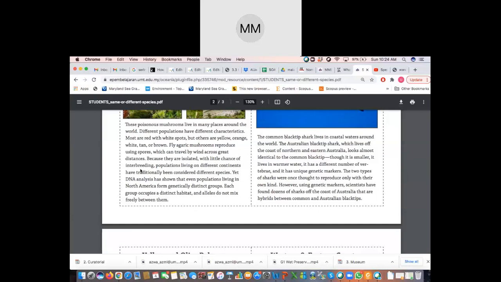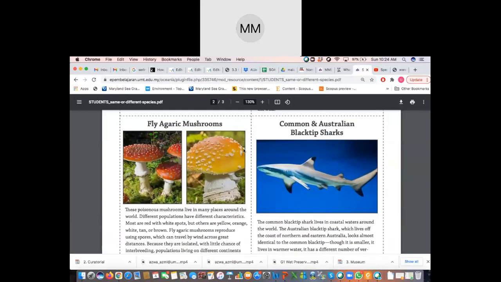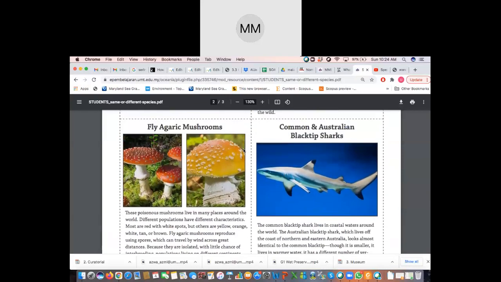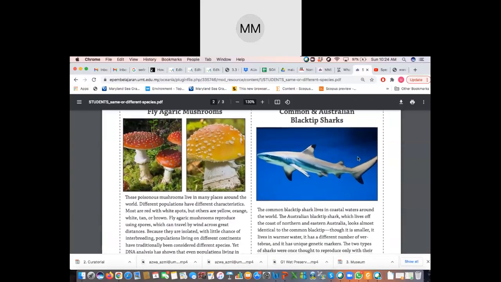Any more ideas? Okay, so actually it depends if the shark hybrids are viable. Interesting. Okay, at least to the common knowledge that we have now and based on whatever evidence is available, they are considered to be different species actually.